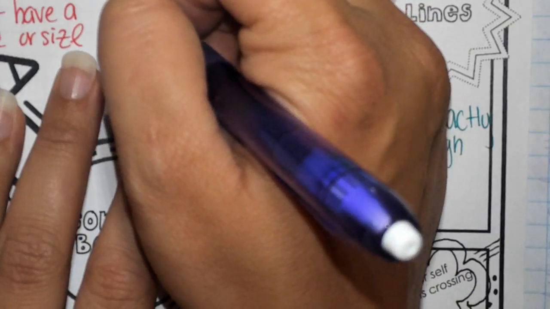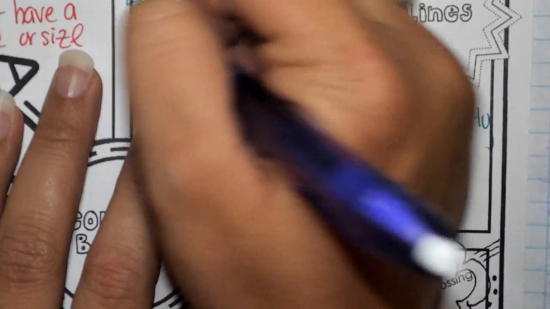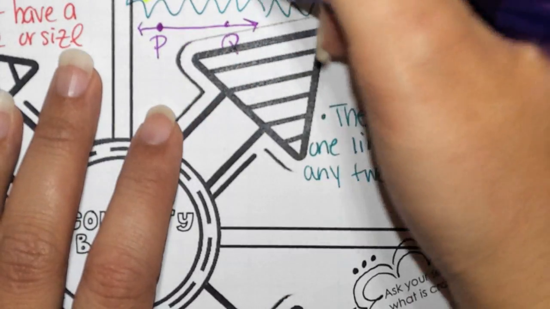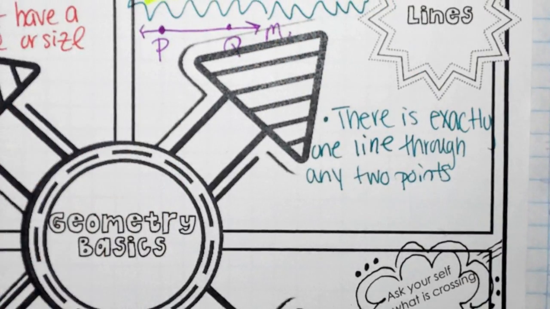So if I draw this line right here, and I put a P here, and I put a Q here, and then I call it line M with a cursive. Put a little swirl at the end or something. We can name that three different ways. Are you ready for this greatness?